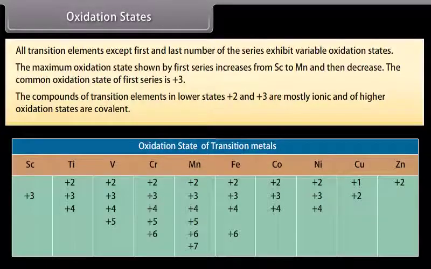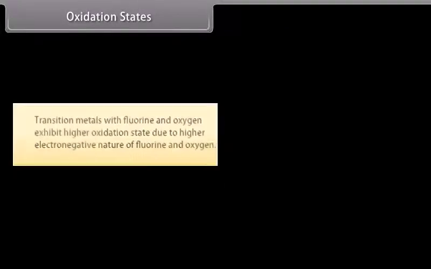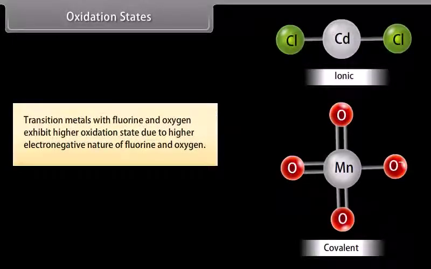For example, ZnCl2 and CdCl2 are ionic in nature, and Cr2O7 2- and MnO4 - are covalent in nature. Transition metals with fluorine and oxygen exhibit higher oxidation states due to the higher electronegative nature of fluorine and oxygen.